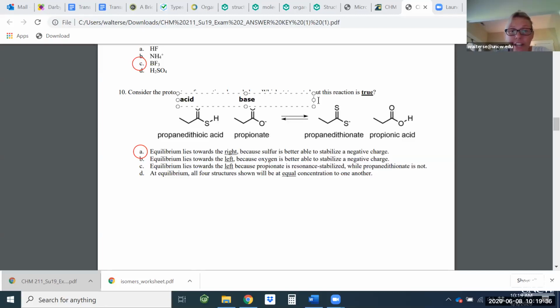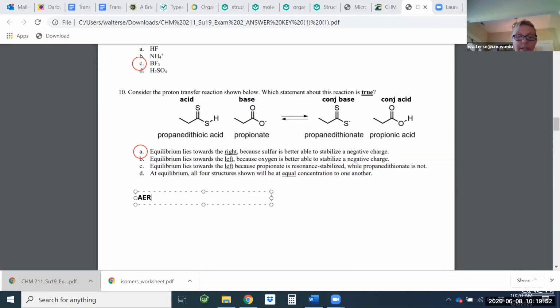Whether you guys did that or not, I just need to see some notes. Okay, so this is the conjugate base, conjugate acid. The other thing we're going to have to deal with is ARIO, so atom identity or carrying charge.